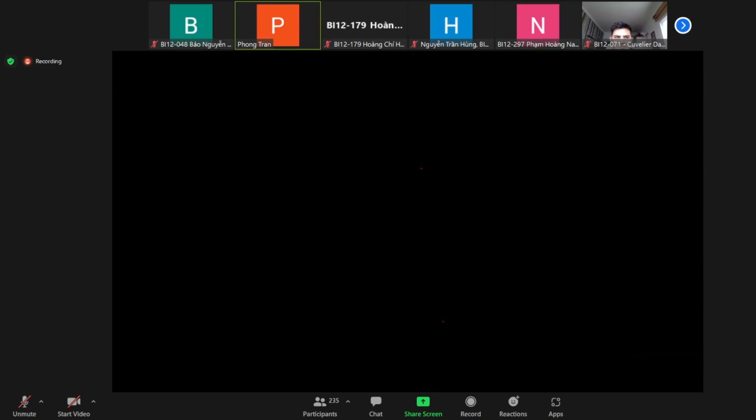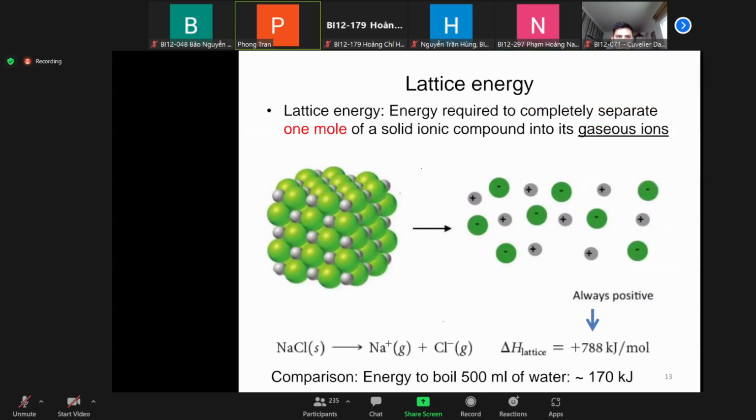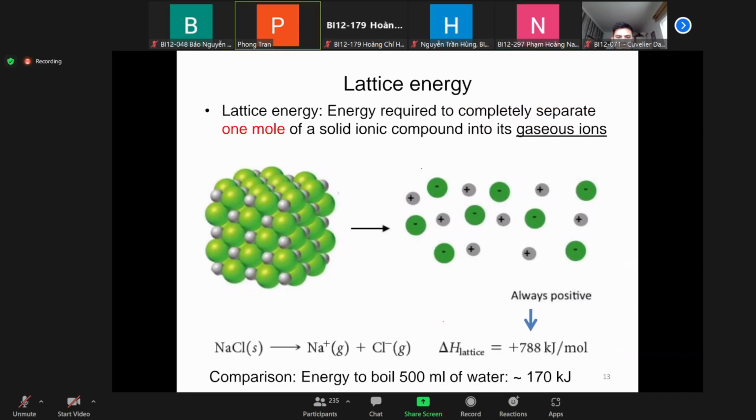Now, we talk about the concept of lattice energy. Lattice energy is the energy required to completely separate 1 mole of a solid ionic compound into its gaseous ions. So here is the equation.